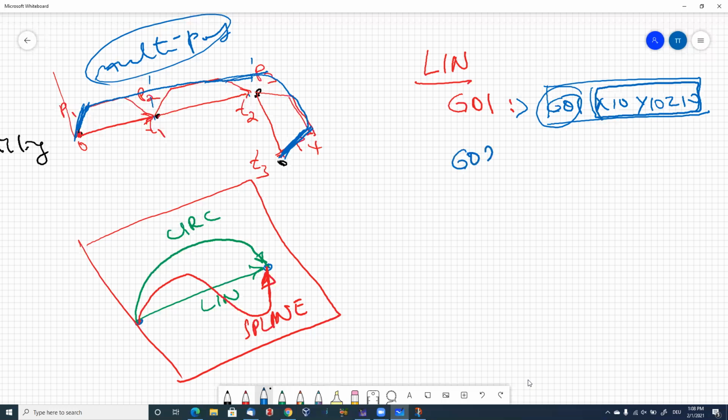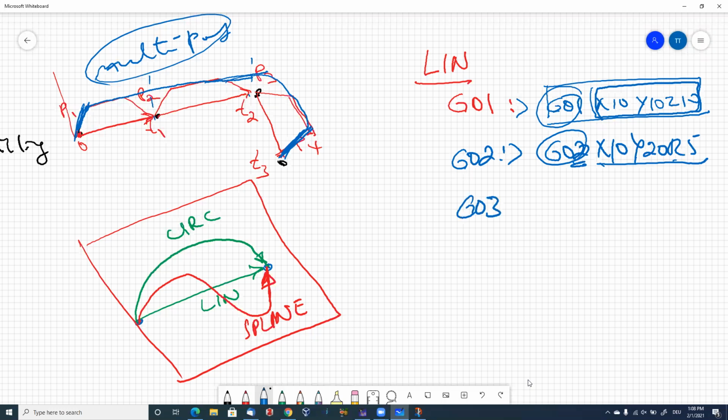Now, if you use G02, it states G02, X10, Y20, radius 5. From the current position, move to the desired point X10, Y20 with a radius of 5 along the clockwise direction.